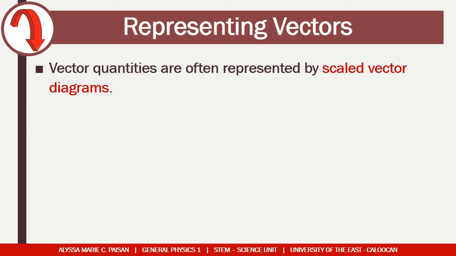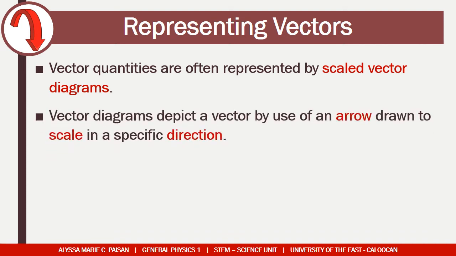Now, what is a vector diagram? A vector diagram is a depiction of a vector as an arrow that is drawn to scale in a specific direction. When we say scale, there is a measurement that is smaller but it is equivalent to another measurement in real life.